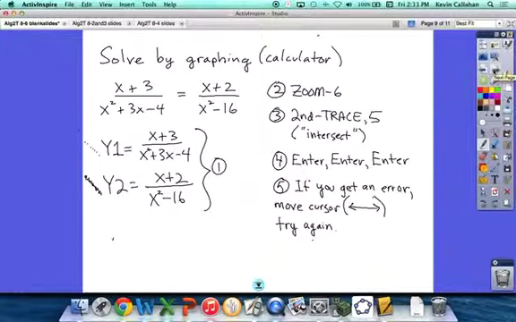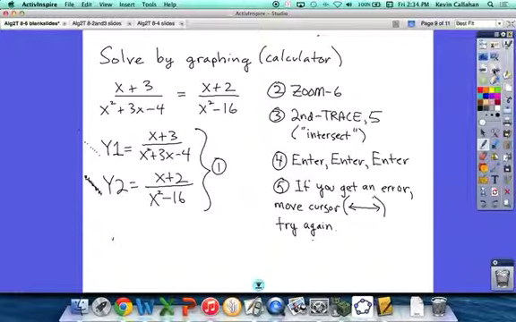Now, the last part of it about the graphing. The thing about solving by graphing, it's not really just rational equations that can be solved that way. You can solve any equation by graphing. In this case, this is that problem that I just did twice, right?